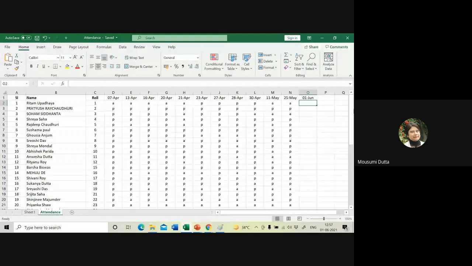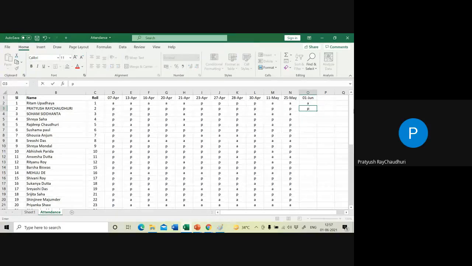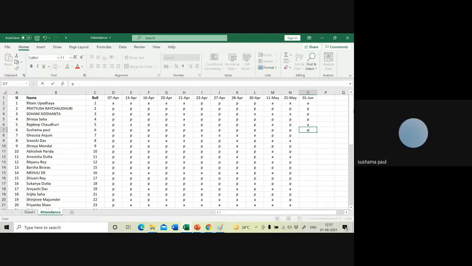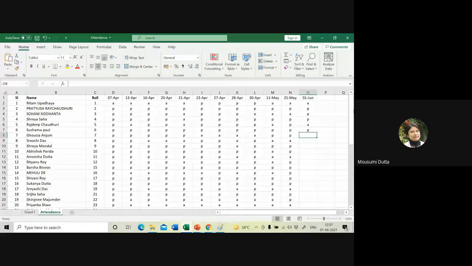Roll number 1, Ritam, Pratyush, Yes, ma'am. Shoham, Present, ma'am. Shreya, Present, ma'am. Rajdeep, Shushama, Yes, ma'am. Goshia, Goshia is absent. No, ma'am, she's present.